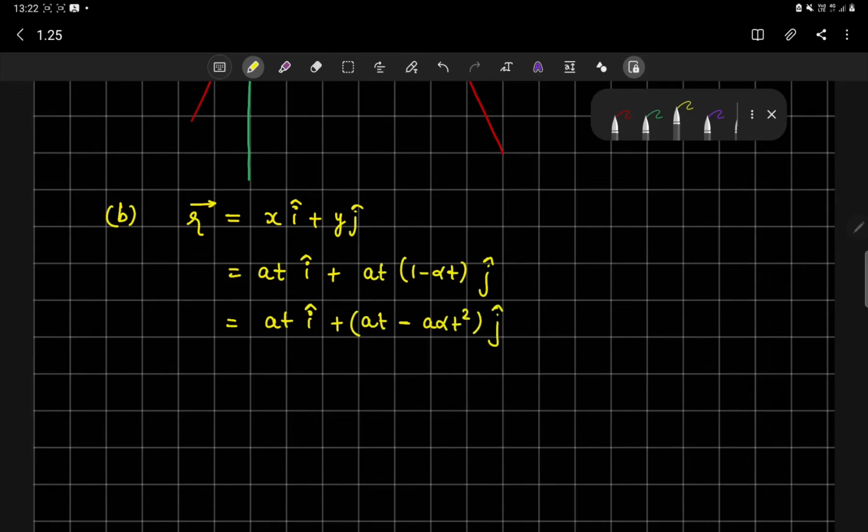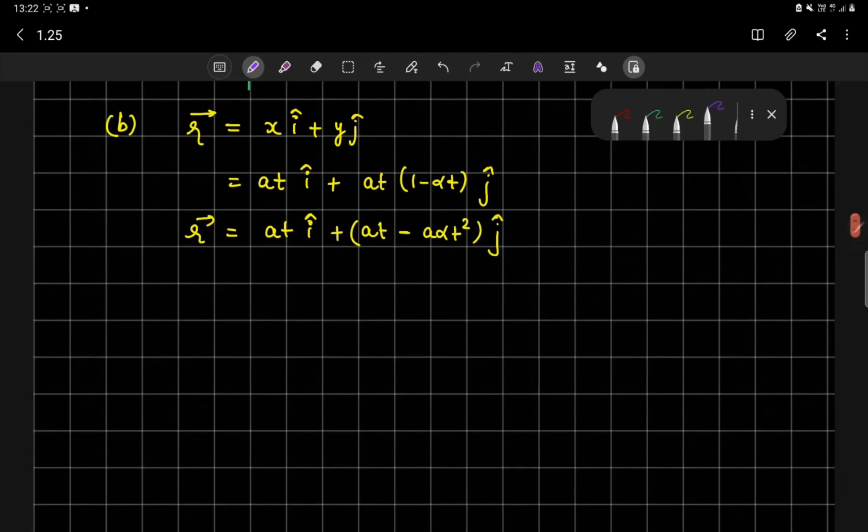So this is the position vector we are having. Now in order to find the velocity vector, we can differentiate this position vector, that is dr/dt is equal to d/dt of (at i cap plus (at minus a alpha t squared) j cap).